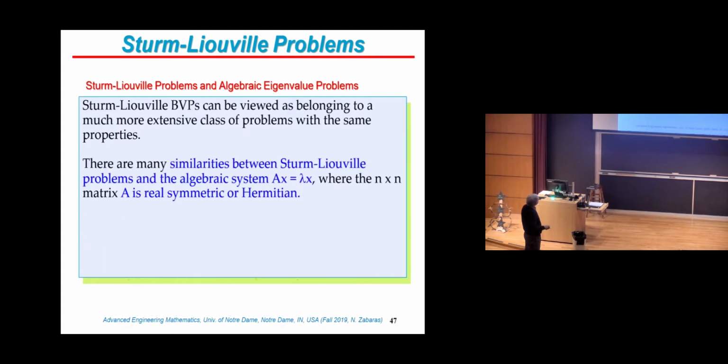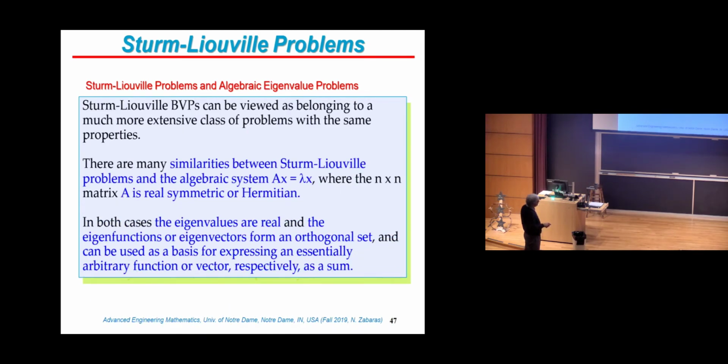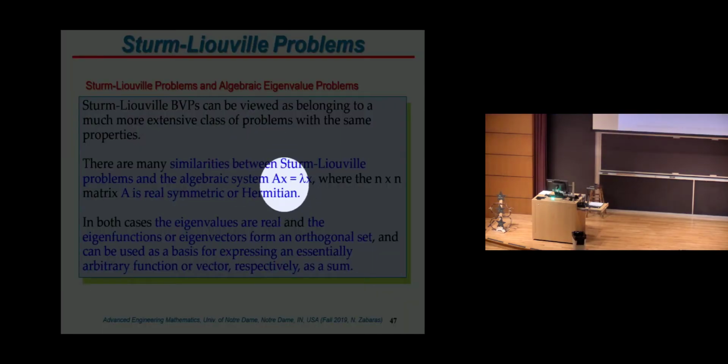Okay, a few little things that we already discussed: these Sturm-Liouville problems, these eigenvalue problems for boundary value problems, are very similar in nature to the eigenvalue problems we saw in linear algebra, AX equal lambda X, right? That have certain solutions only for the eigenvalues, lambda taking particular values, and for each lambda there is an eigenvector.